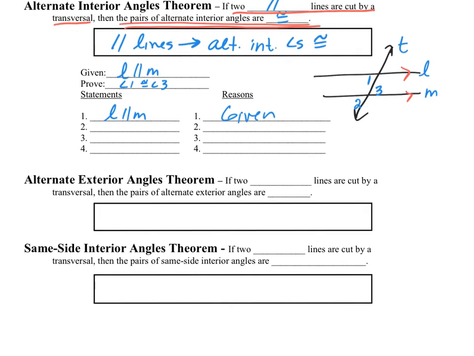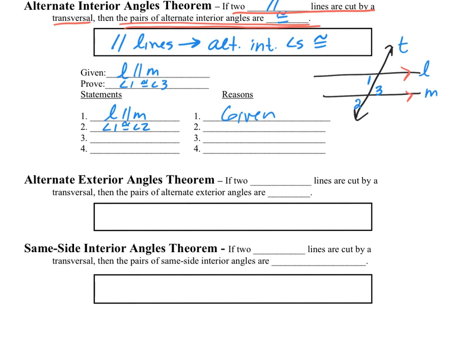Notice that they are on the same side of the transversal and below the 2 lines being transversed. So we say that they are corresponding angles. Since we have parallel lines cut by a transversal, we can say that angle 1 is congruent to angle 2, and we justify that with the corresponding angles postulate.